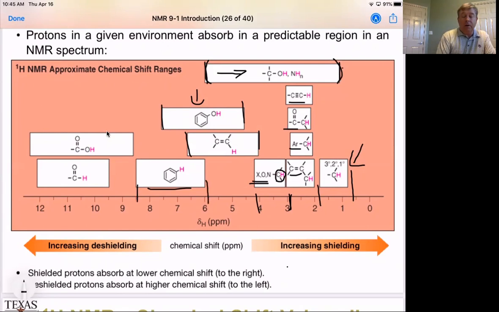And then once we get to carboxylic acids, number one, it's broad because of hydrogen bonding, but it's bonded directly to an electronegative atom that's bonded directly to another carbon with another electronegative atom. And in the case of aldehydes, we have that hydrogen bonded directly to a carbonyl, and those two hydrogens are shifted up the highest in the most common range, which is right around 10 or just above, up to approximately 13 parts per million.